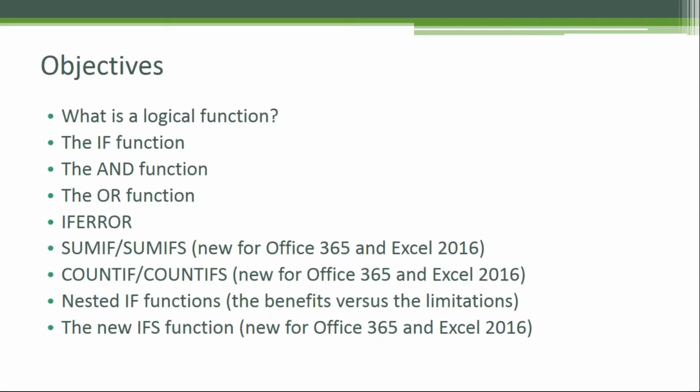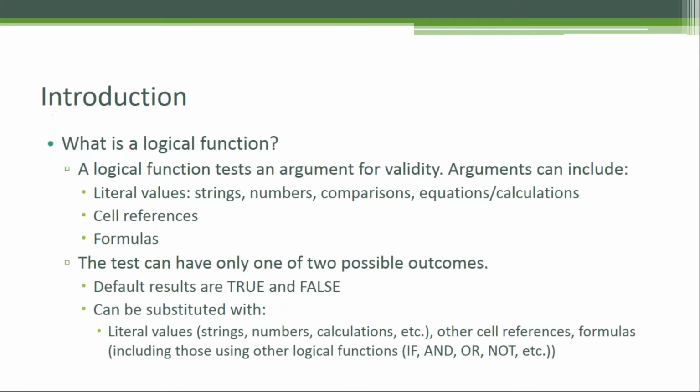So let's move on. What is a logical function? It's basically a function that tests an argument for validity. The logical test can involve literal values, like literal strings and numbers within the formula.